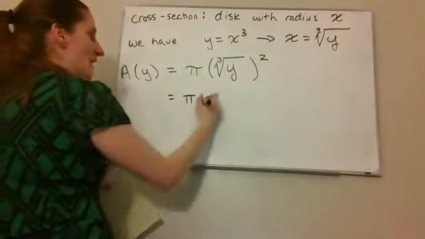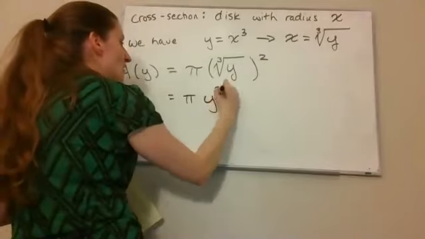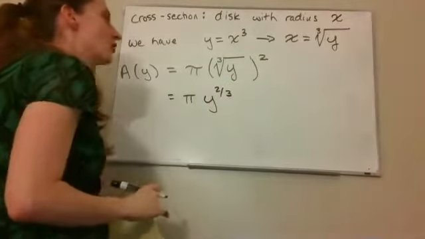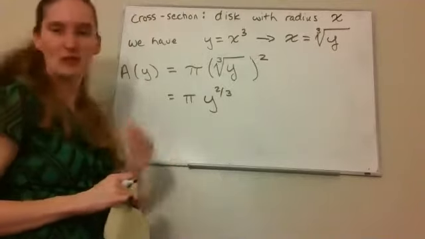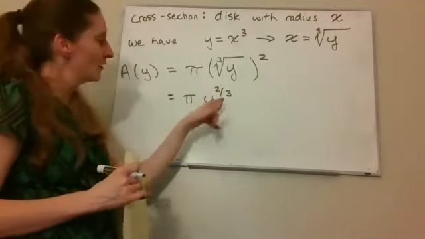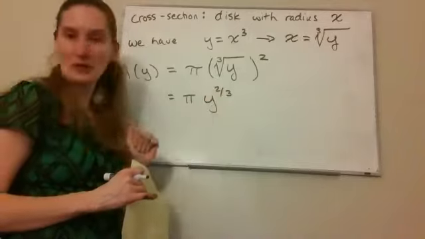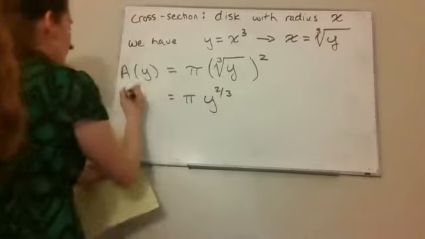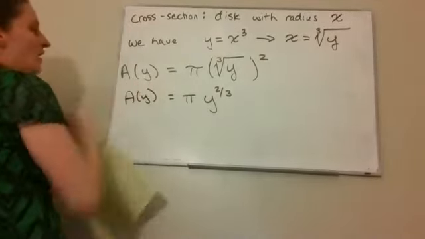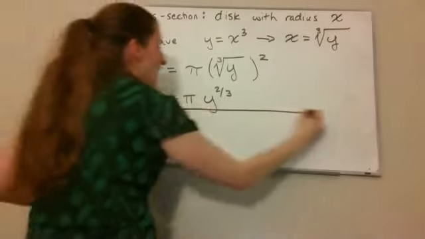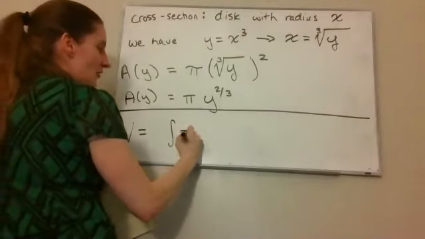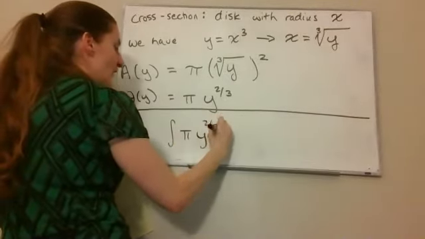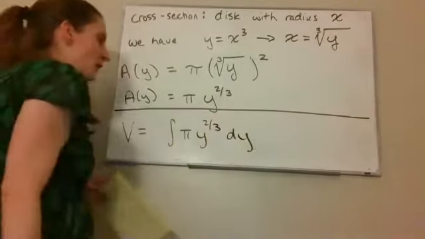This is the same thing as pi times y to the 2/3 power. Remember that the root gives you a fractional exponent, and the 2 is just like a regular exponent. So the 2 goes on the top, and the root goes on the bottom. So this is the area of a cross-sectional slice. And that means that my volume is equal to the integral of this area with respect to y.